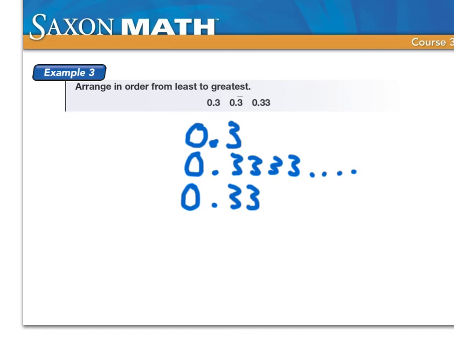Now we've done this before. I need to fill in zeros to maintain place values. So I've got some extra digits out here that I need to have zeros fill in to match them up. Now from least to greatest, so I start looking here, they're all zeros. Then here they're all 3s. So in this column, 0 is the least. So that means my least number was 0.3.